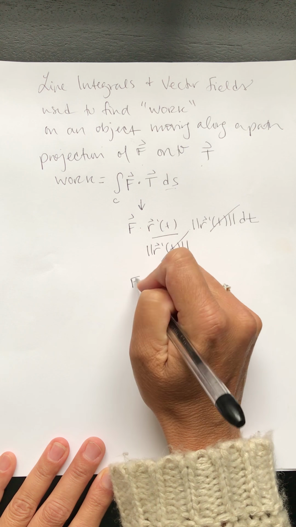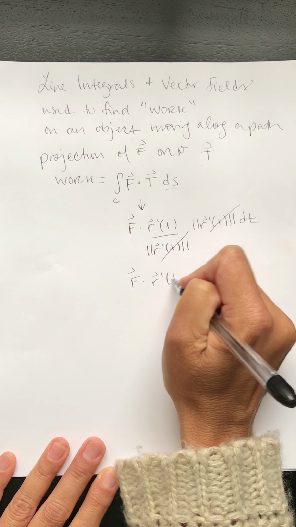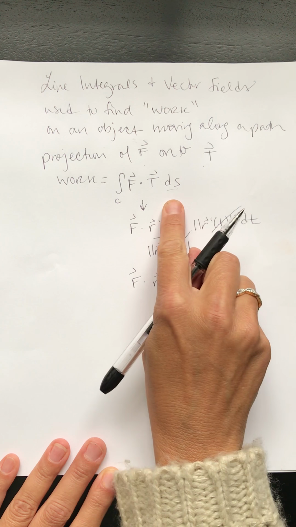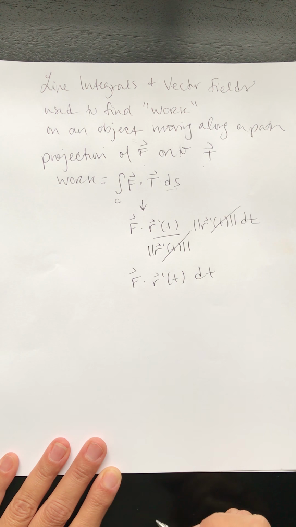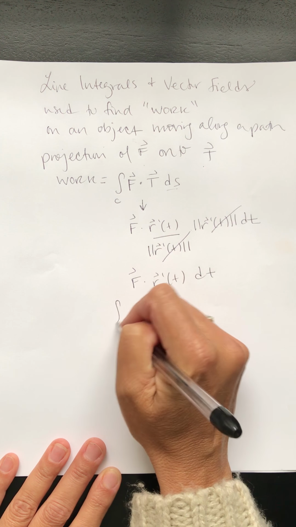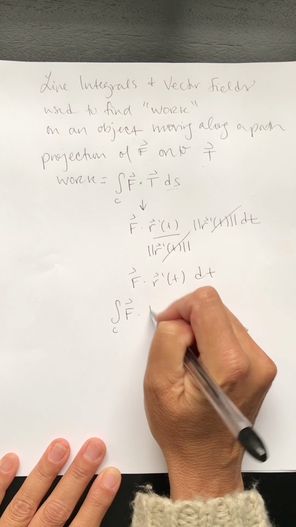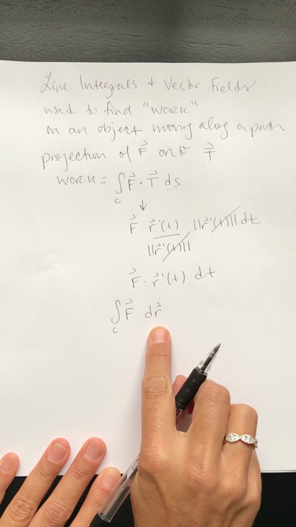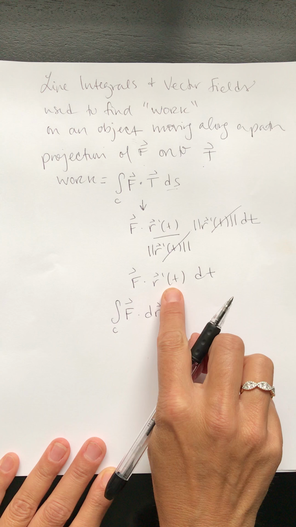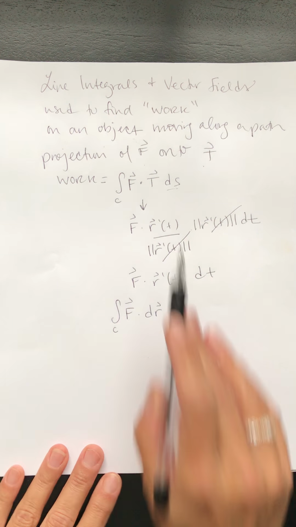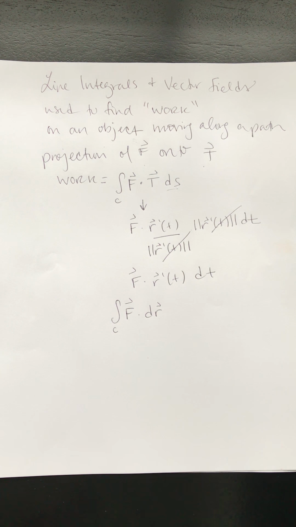So we get F dot r'(t) dt. So although this is the definition of work as we've defined it, the actual equation to find work is the accumulation of F dot dr. This is a shorthand for r'(t) dt. So now we have the precise definition of work and a usable definition of work.